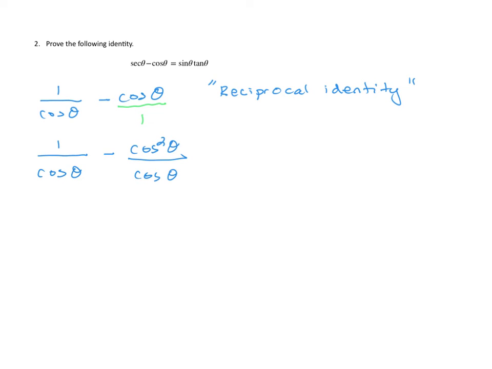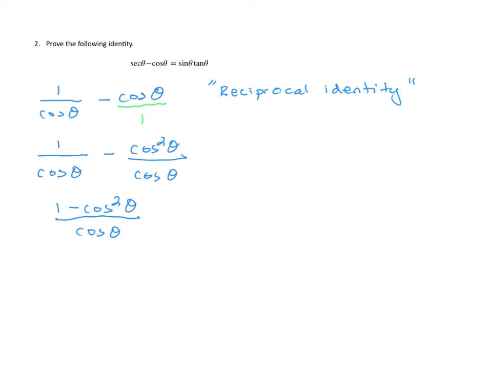So essentially, I multiplied the top and the bottom by cosine. Now that we have a common denominator, I can subtract these two. 1 minus cosine squared theta, and that is all divided by our common denominator, cosine theta. So started here, used a reciprocal identity, combined things into a single fraction, take us down to this thing here.